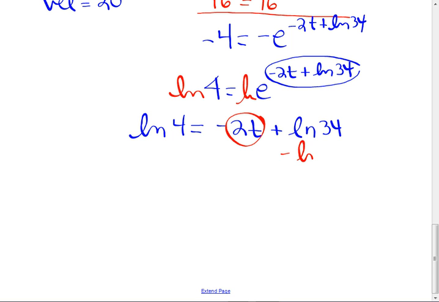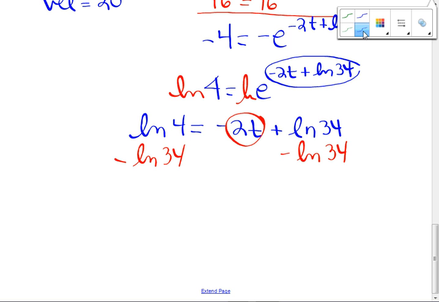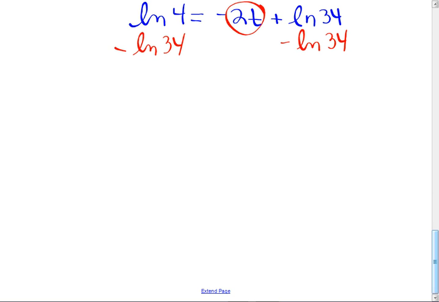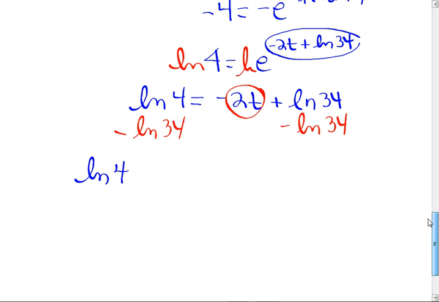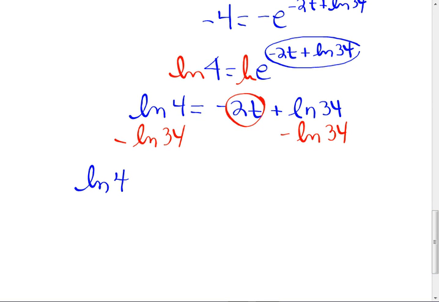But I'm going to subtract the log of 34 because I don't have my calculator handy. Okay, so I'm going to get an exact answer, which is even better. So I get the log of 4 minus the log of 34 equals negative 2t.